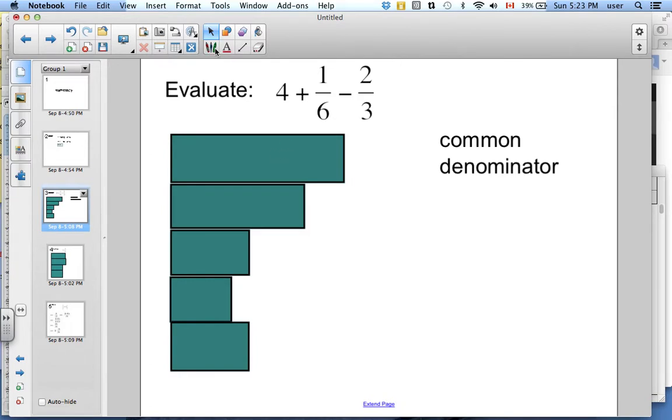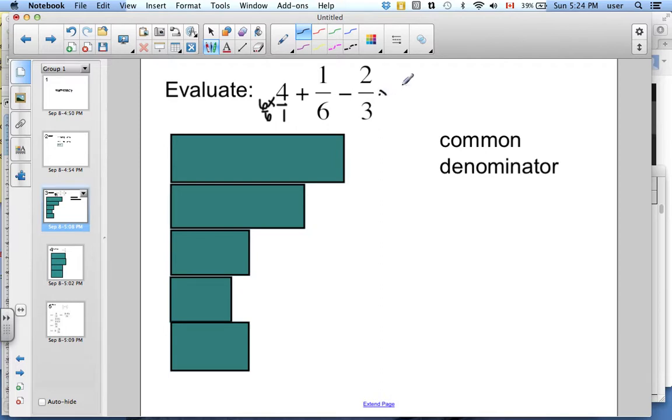If we multiply our first fraction, which is over 1, by 6, we have to multiply the numerator and the denominator by 6, so essentially you're multiplying by 6 over 6. We're going to get 24 over 6. We keep the second fraction. Our third fraction here, we have to multiply by 2.